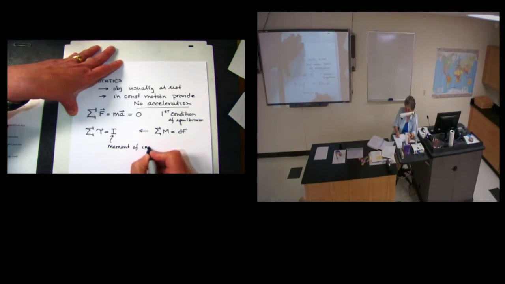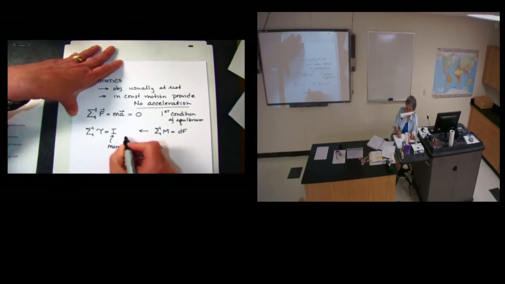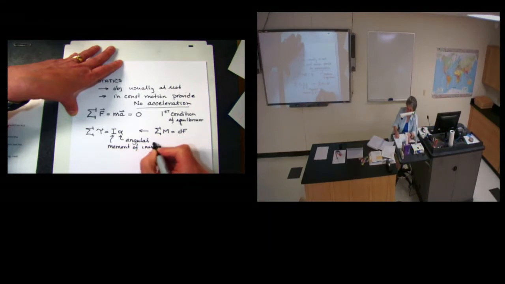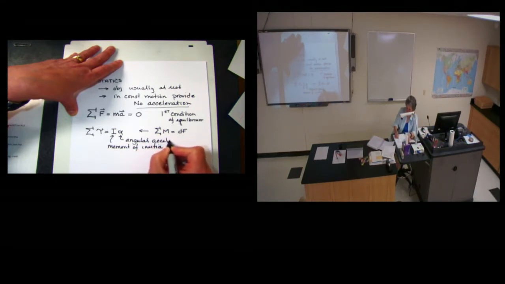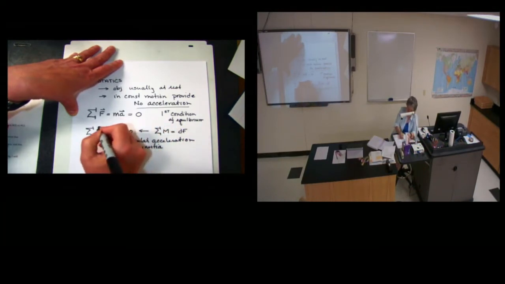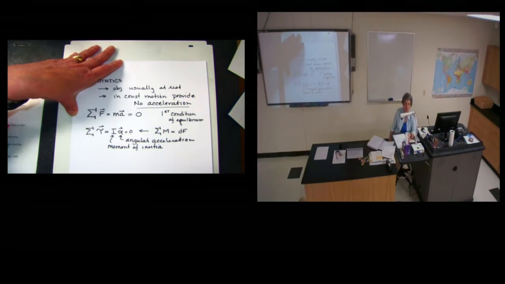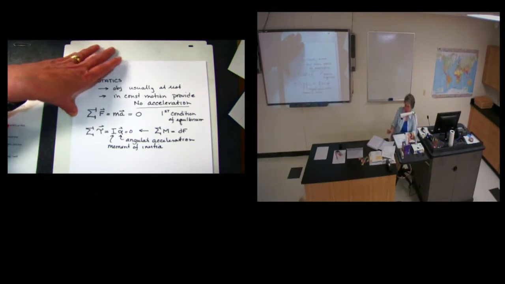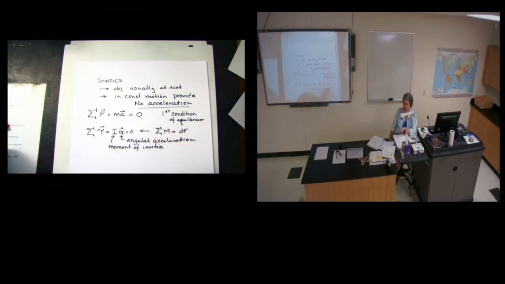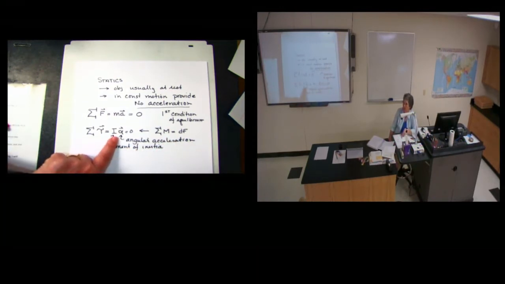So we have that piece. Now, another thing we have to worry about, which we didn't play with quite as much in statics, but we're going to start playing with it: remember that torque, which gave us the moments, is related to r cross my vector quantity. So we're going to have to recall the vector aspect of various pieces.